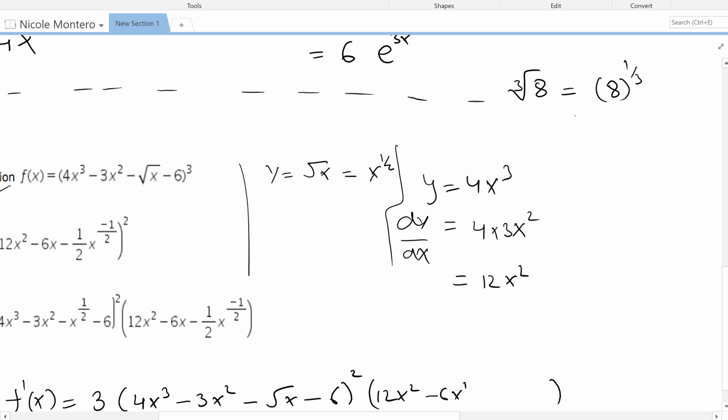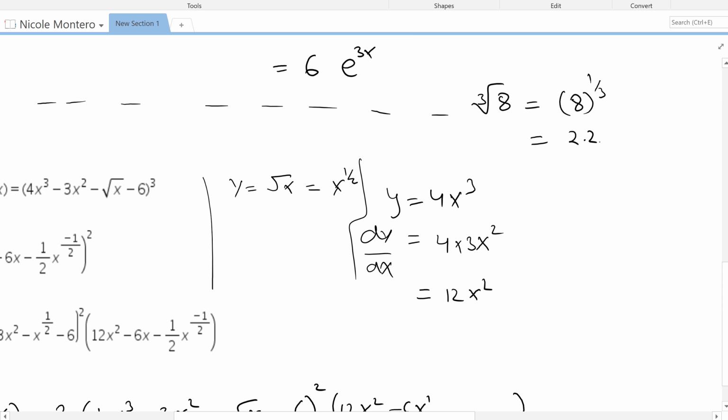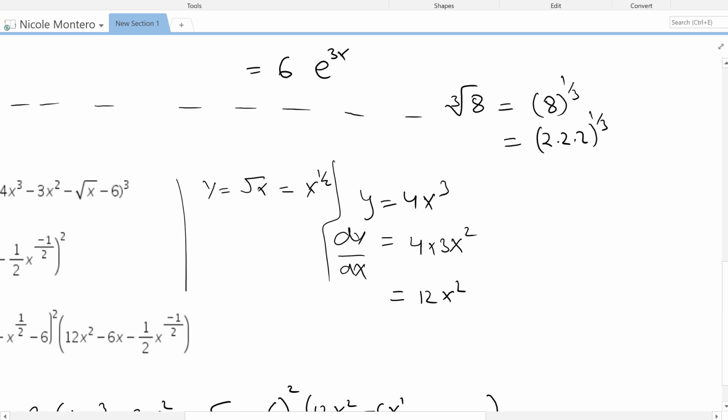And in order to solve that, break down 8 in terms of numbers whose power is going to be 3. Now we know that 2 times 2 times 2 is 8, right? And 2 times 2 times 2 can be written as 2 cubed, and the power stays there. 1/3 multiplied by 3 is just 1.